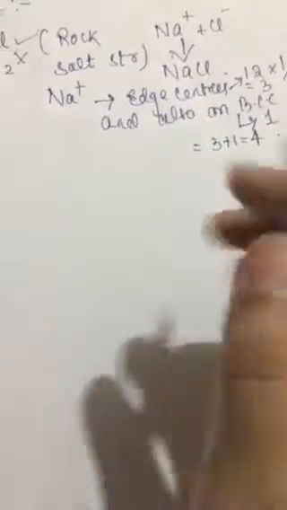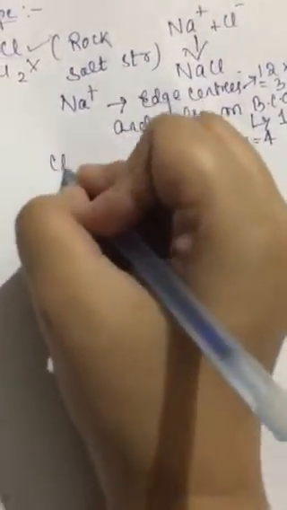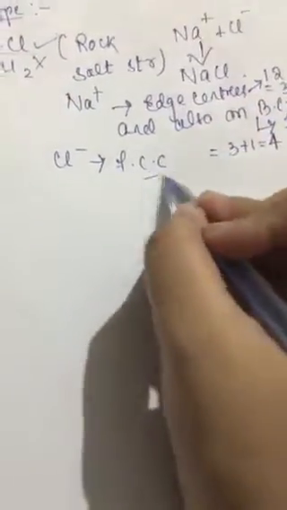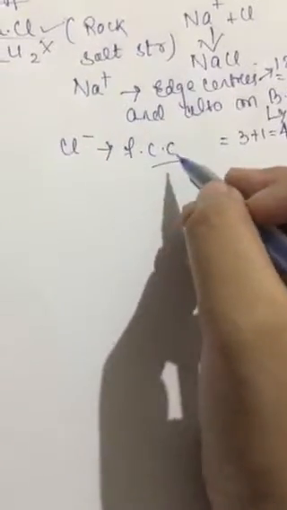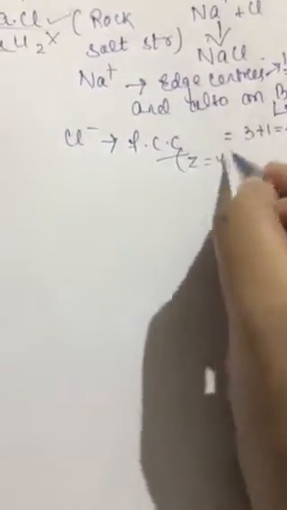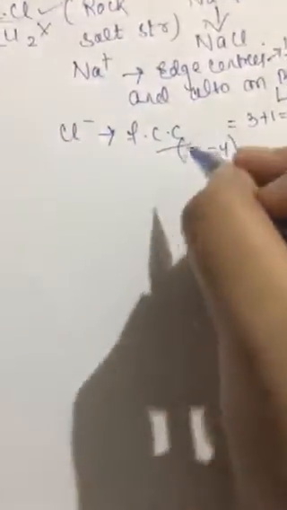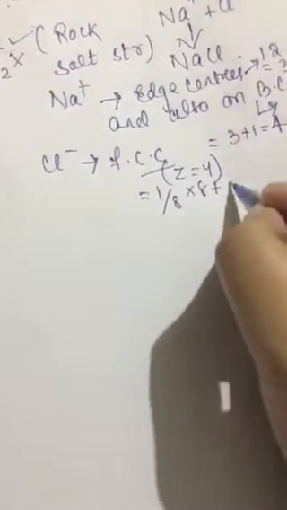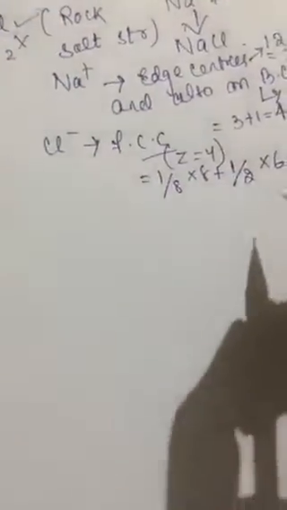In the same way, for Cl minus, FCC arrangement takes place. This is FCC, face centered or CCP structure, whatever you can say. Here Z is equal to 4. Do you remember how Z is equal to 4 in FCC? 1/8 into 8 corners, with 1/8 contribution per unit cell, plus 1/2 into 6 faces of the cube.